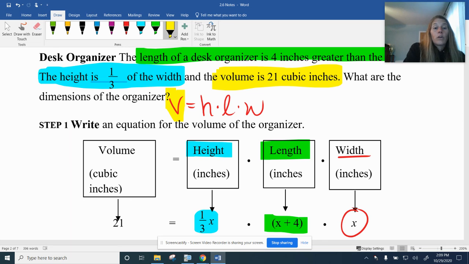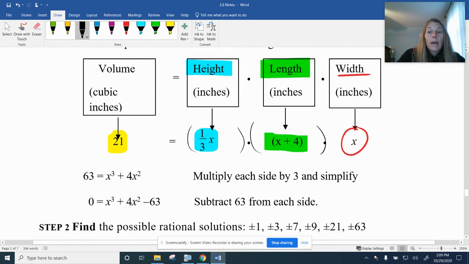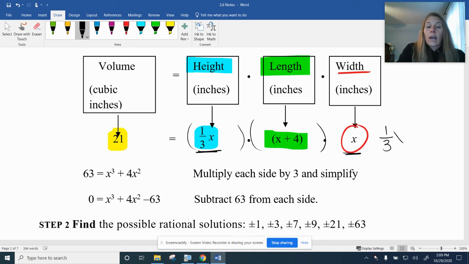And then, of course, the volume is given to us, and it was 21. So if we were to work this out, then, of course, we're multiplying these 3 things, right? Now, when you multiply things, remember, it doesn't matter what order you multiply them, so whatever looks easiest. So I would probably go ahead and multiply these 2 monomial terms, and I would get 1/3 x squared.